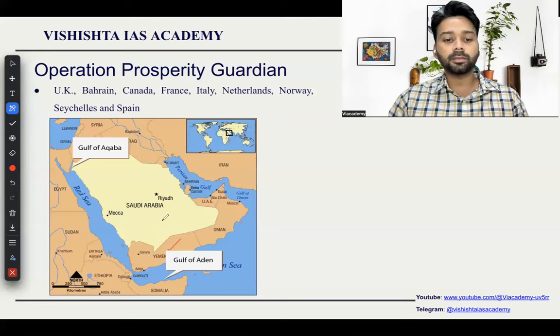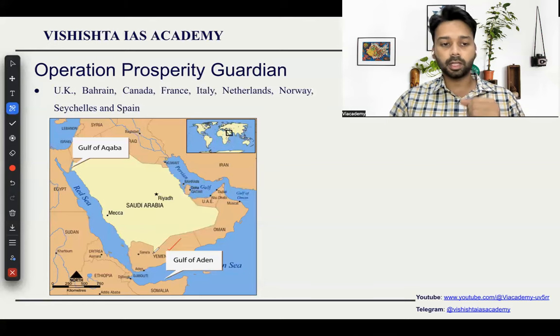Because of this, Saudi Arabia launched an airstrike and successively a war also against the Houthis of Yemen. So for the last 8 to 9 years, the Saudi Arabia-Yemen war has been going on, and the Houthis have been in control of Yemen.